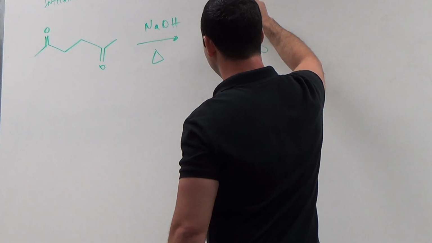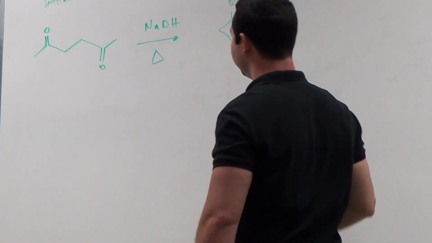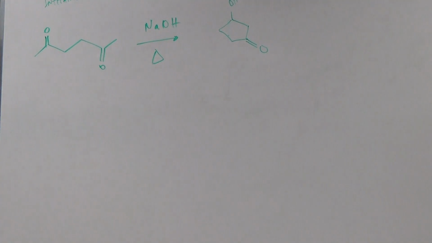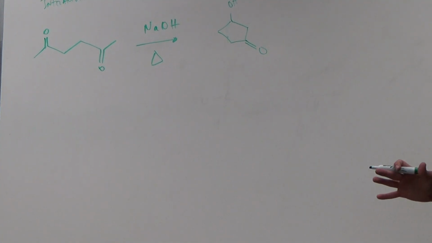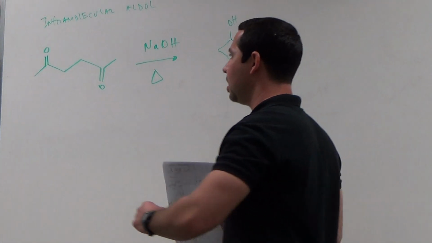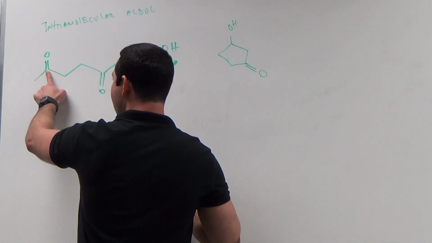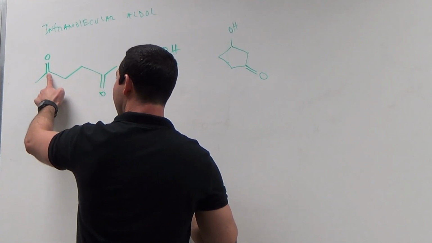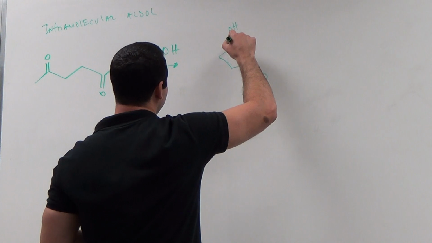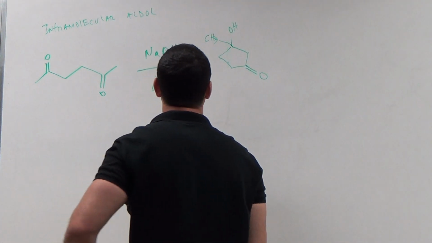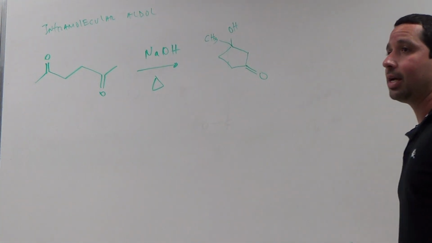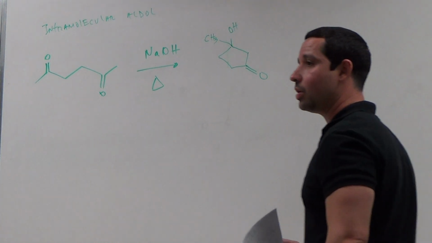It's going to be 1, 2, the OH is going to be here. What else? Methyl. Okay. It attacked it here, so there is going to be a methyl group there. Yes or no?